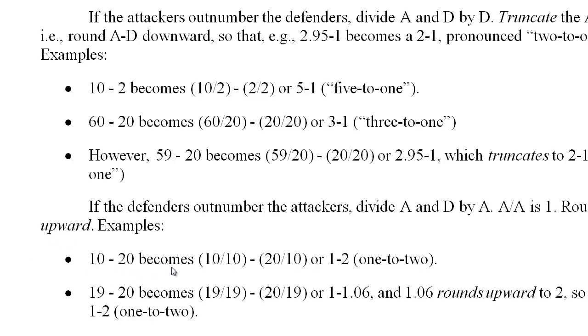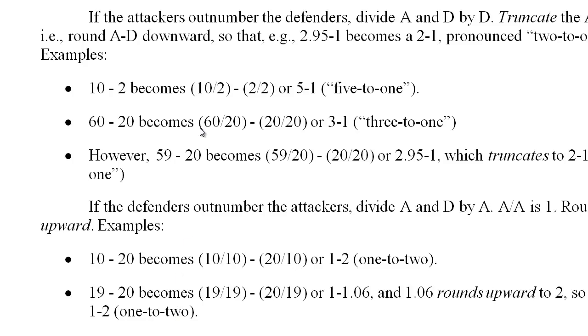Thus, 10 to 20 becomes 10 over 10 to 20 over 10, or 1 to 2. 19 to 20 becomes 19 nineteenths to 20 nineteenths, or 1 to 1.06, and 1.06 rounds upwards to 2, so a 19 to 20 is a 1 to 2.